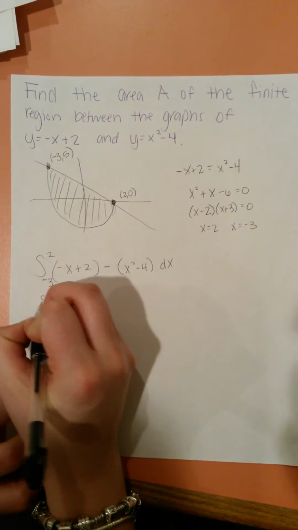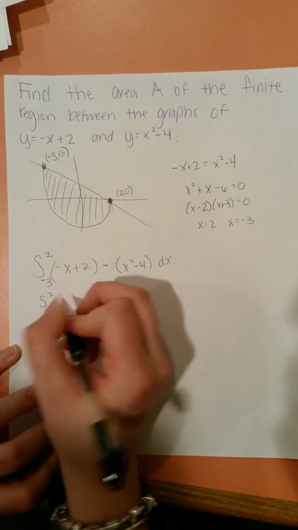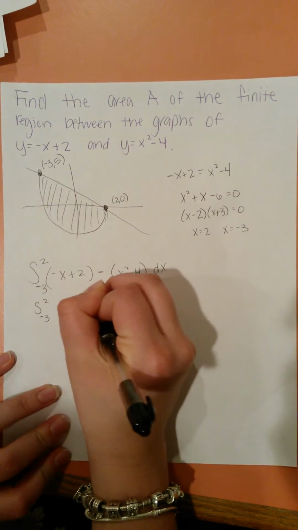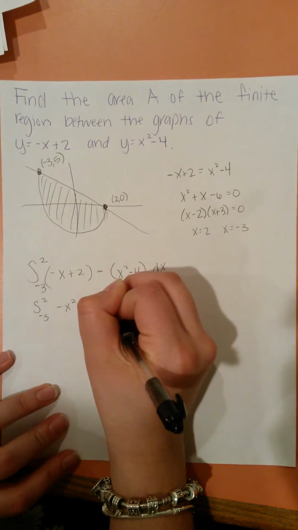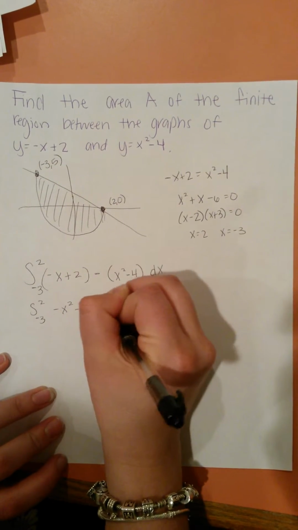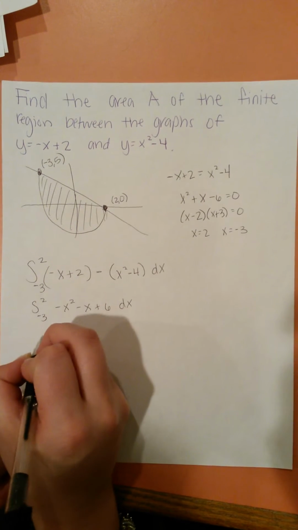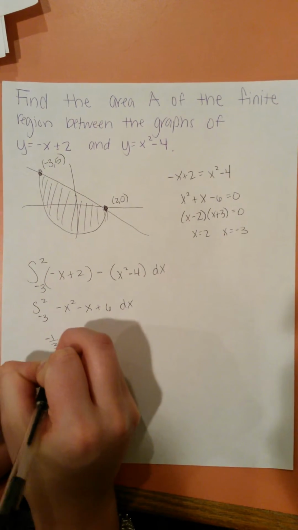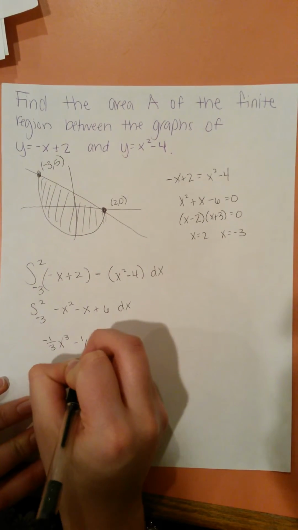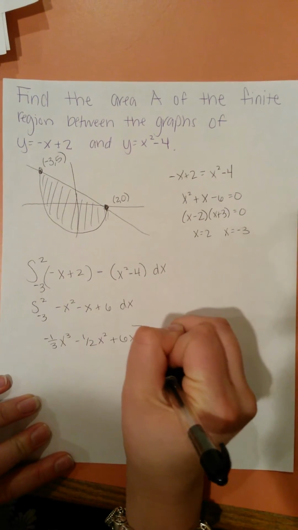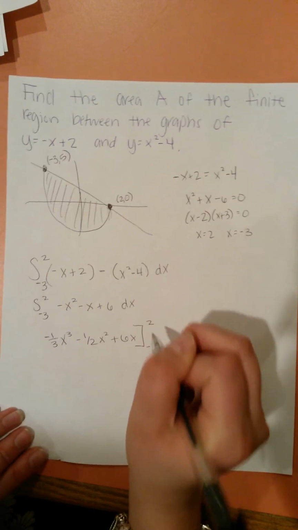Combining like terms and distributing the negatives, you get negative x squared minus x plus 6 dx. Taking the integral, we get negative 1/3 x cubed minus 1/2 x squared plus 6x, and we evaluate that from negative 3 to 2.